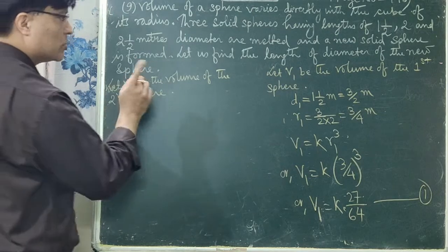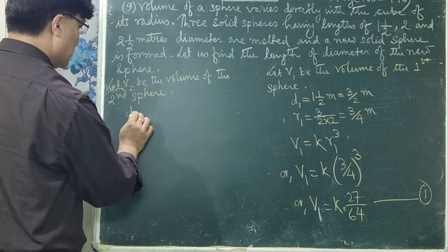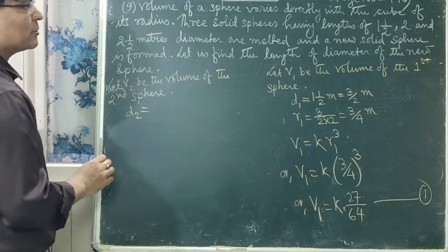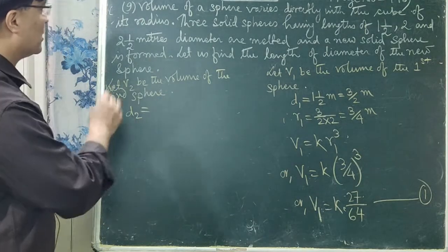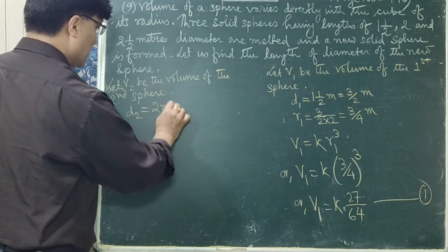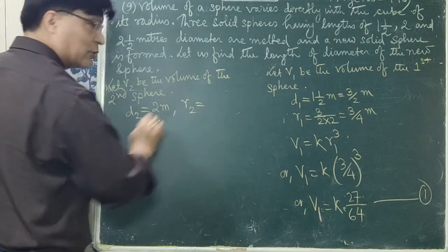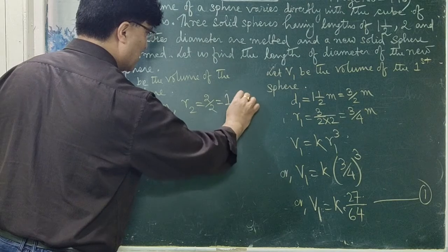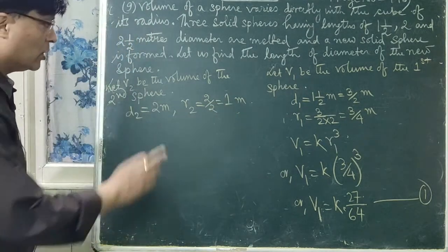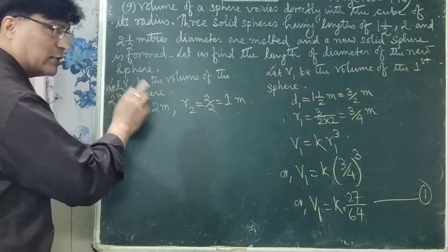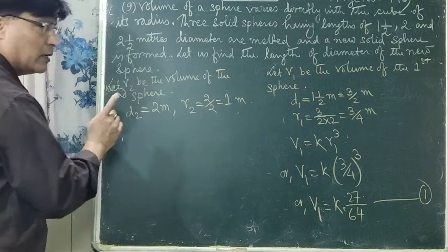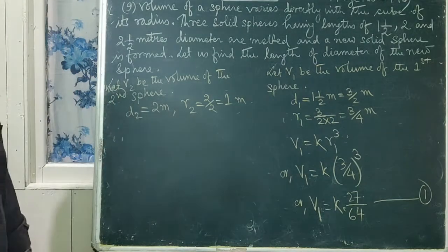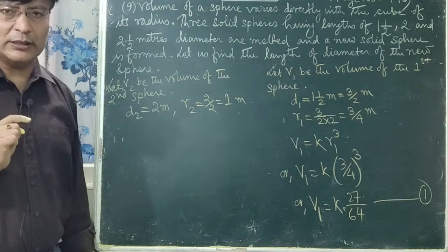So what is its diameter? D2 is the diameter of the second sphere, that is 2 meter. So what is its radius? R2 is the radius, so it is half of 2, which is equal to 1 meter. So we will use the relation V is equal to K R cube.